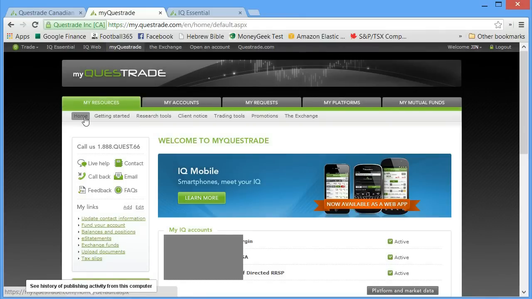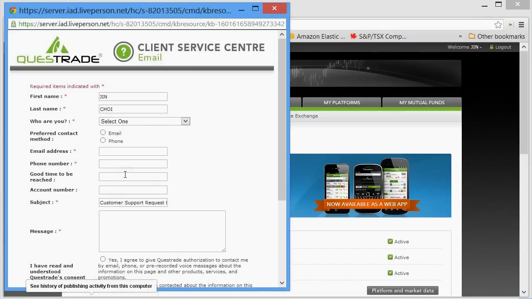and then you should contact a Questrade professional and say that you want to journal over the DLR.TO shares into DLR.U.TO. So just to show you, I'm going to choose email. I'm just going to write down exactly what I would say.